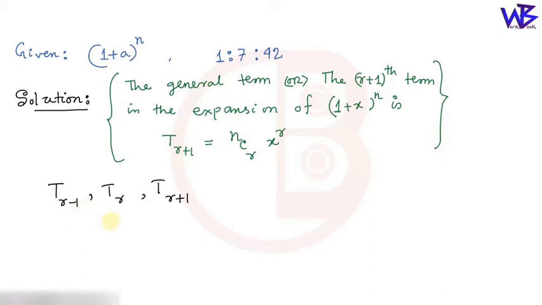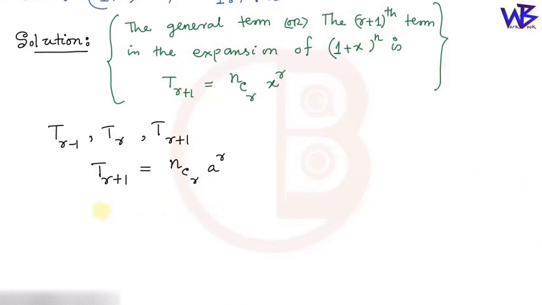T(r+1) for the expansion (1 + a)^n will be nCr a^r. Accordingly, T(r) will be nC(r-1) a^(r-1), and T(r-1) will be nC(r-2) a^(r-2).